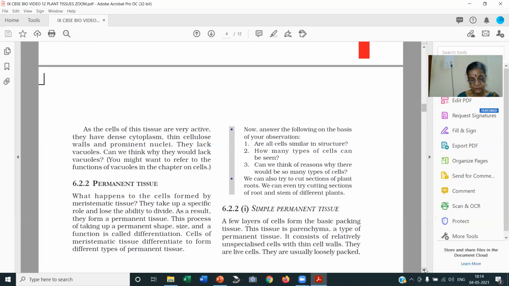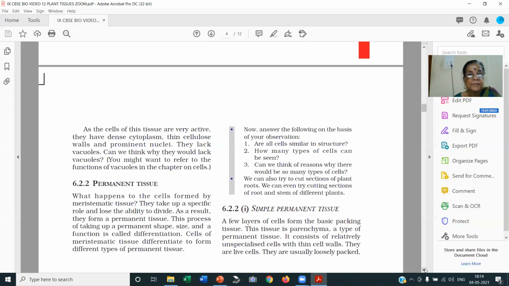The next, permanent tissues. What happens to the cells formed by meristematic tissue? They take up a specific role and lose the ability to divide. So this process of taking up a permanent shape, size, and function is called differentiation. What is differentiation?